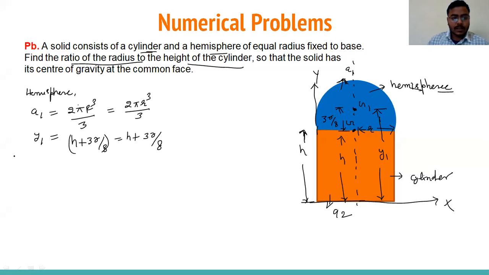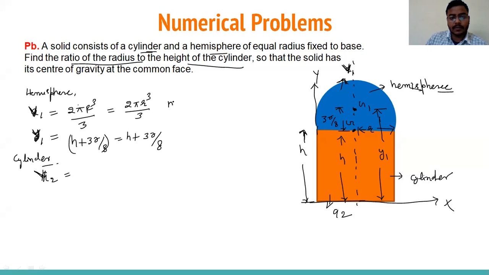Now come to this cylinder. Sorry, just correct this. This is V1, volume. This is a solid body, so it will be V1, and y1 is correct, and this will be V2.